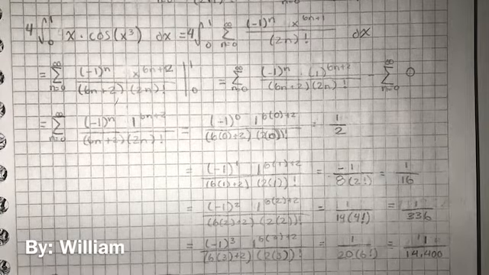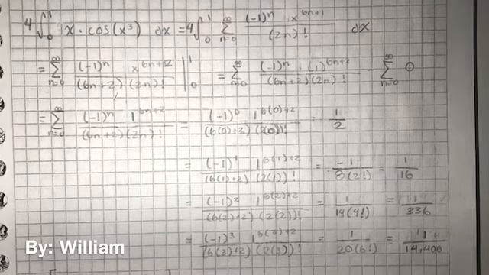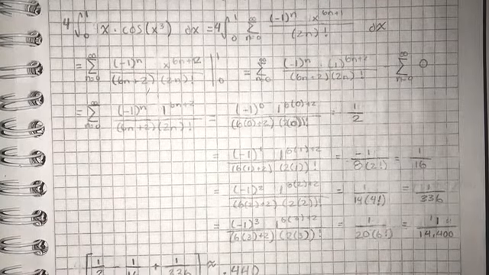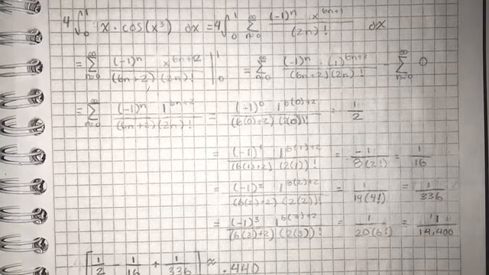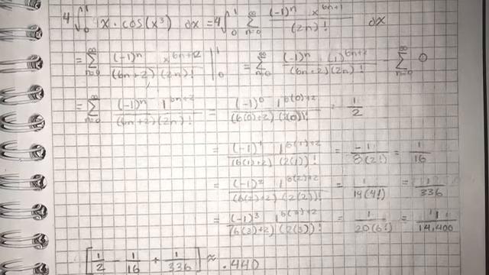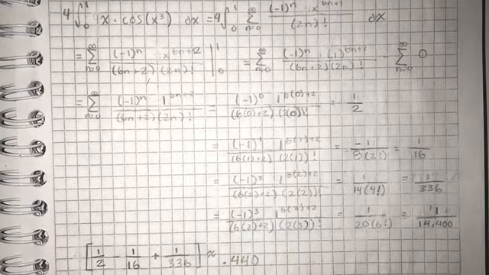The next step is applying the integral. That will leave us as a result the sum from n equals 0 to infinity of minus 1 to the n times x to the 6n plus 2 over 6n plus 2 times 2n factorial, to be evaluated from 0 to 1.